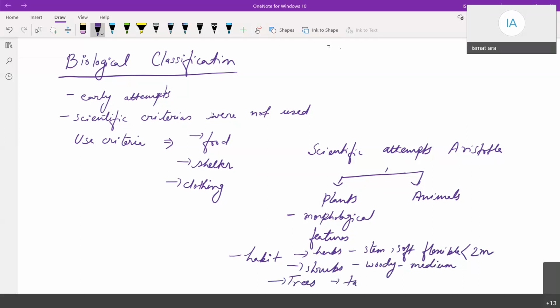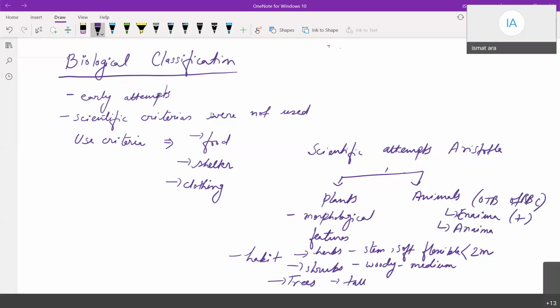Now animals. He divided animals on the basis of RBC. Organisms in which RBCs are present are called Anaima, and in which RBCs are absent, they are called Anaima.